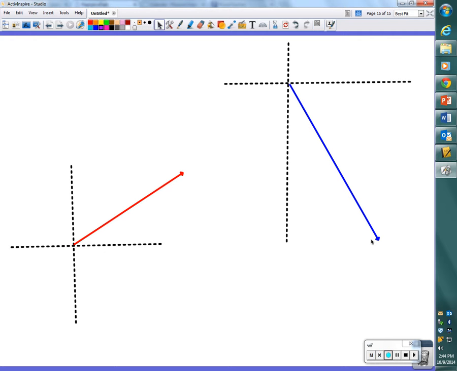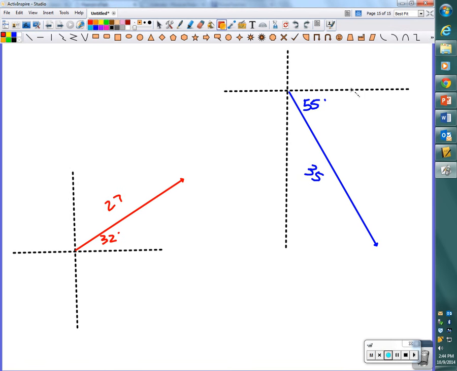All right. We know that this is 27 meters, and this is 32 degrees. This is 35 meters, and this is 55 degrees. In section 4.1, we introduced the idea of components.